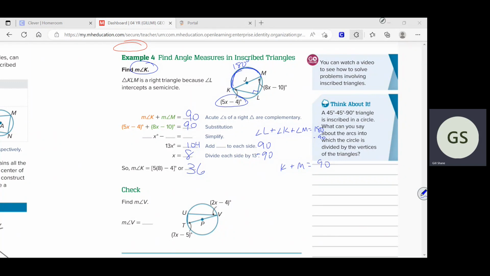So try to do the check if you didn't already do the check. It's the end, actually. I think we have one more lesson, maybe. This may be the last lesson in pages. I don't know. Wait, no, it isn't.